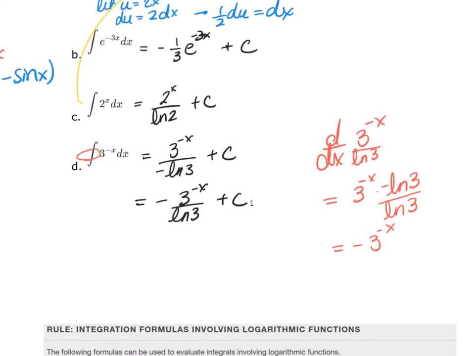And the way I adjust for it is I say, okay, if I were asked to do the derivative of 3 raised to the negative x, I better have gotten a negative. So when I do the antiderivative, I have to put a negative back on there because I should have had a negative 3 raised to the negative x, so I better adjust for that. Does that answer your question about why the negative was there in my final answer?